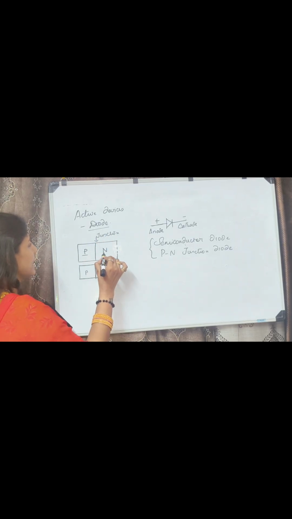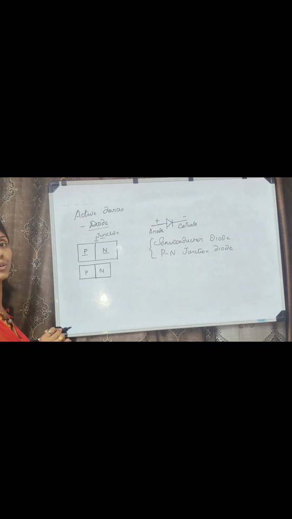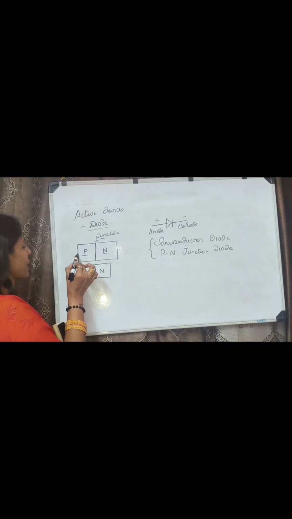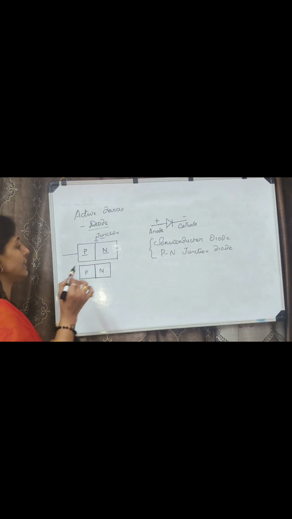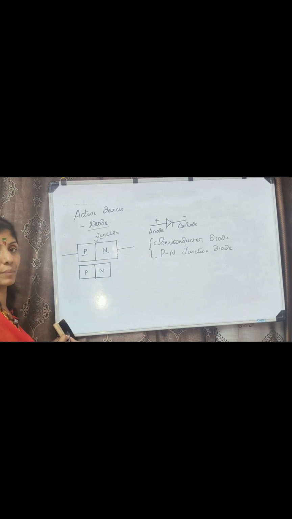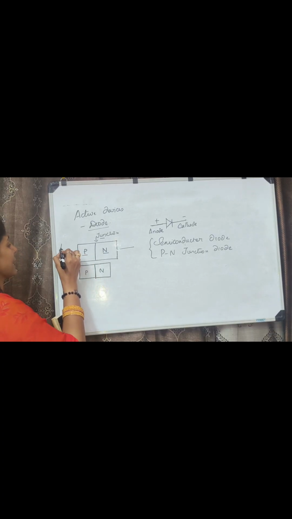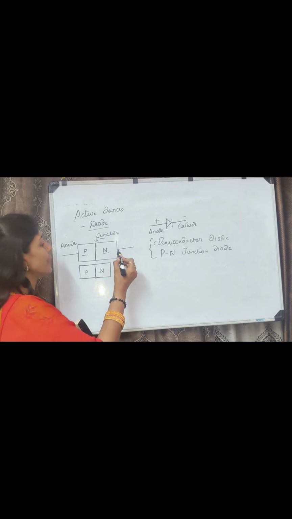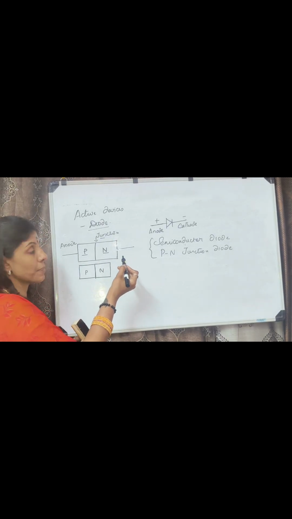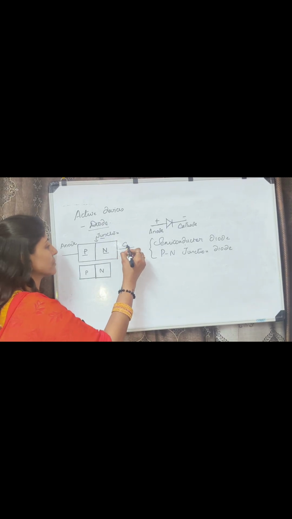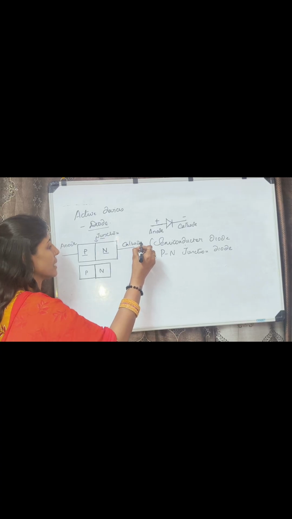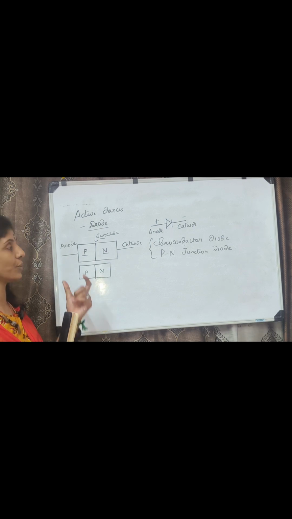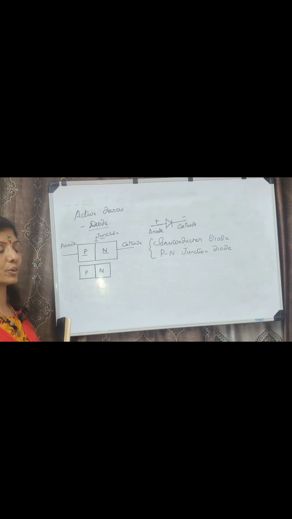So this is a p-n junction diode. Why do we call it a diode? It has two electrodes. One metal contact I take from the p side, which is the positive representation, the anode, and one metal contact I take from the n side, which is the cathode. So in the p-n junction diode we have the cathode as well as the anode.